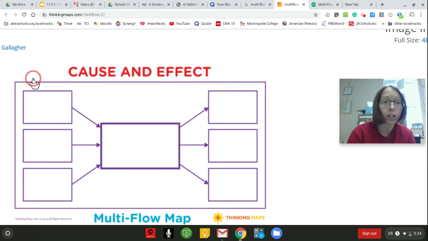So over here is where you write the causes. In the middle, you put the actual event, so being late to school. And then the effects go over here. You can see the arrows are helping to guide our thinking. So this is leading to the event. This is going away from the event. So when you think about getting an A on a test or doing really well on a test, what caused that?